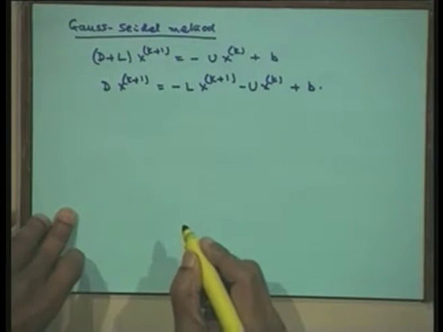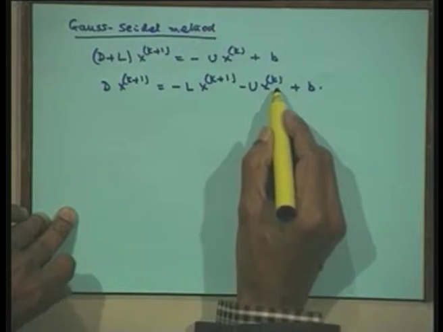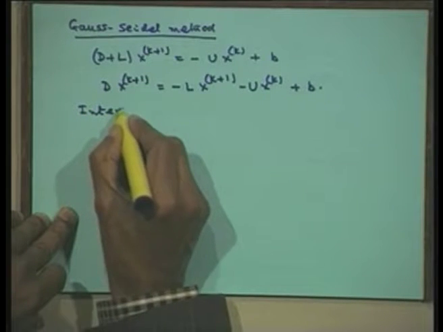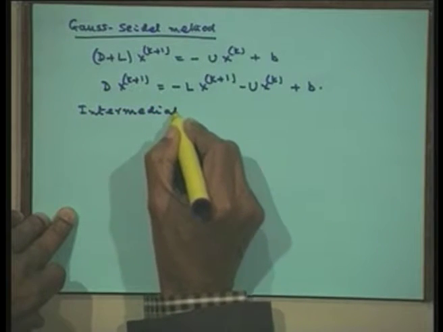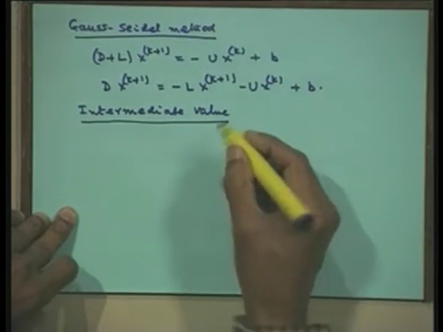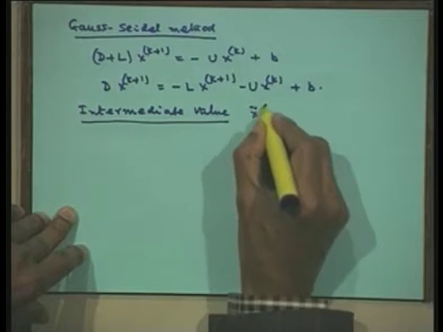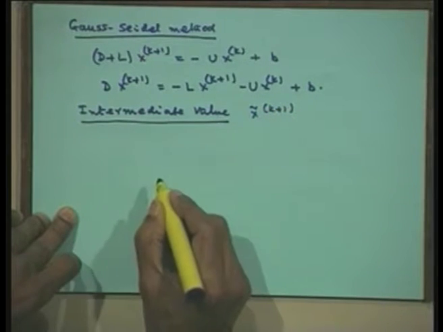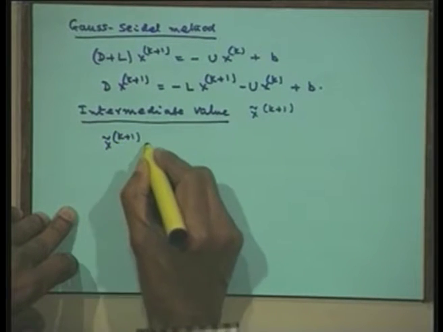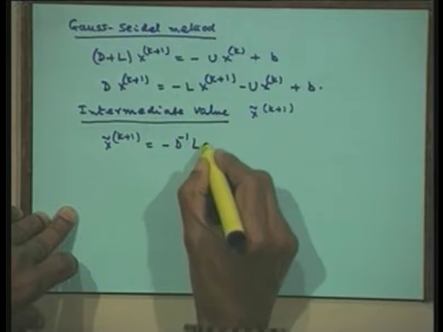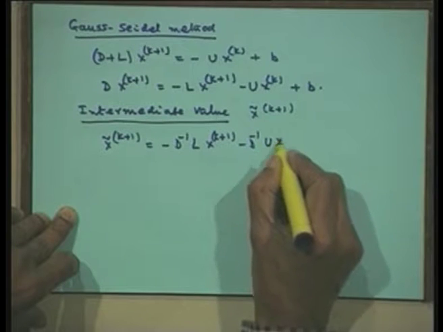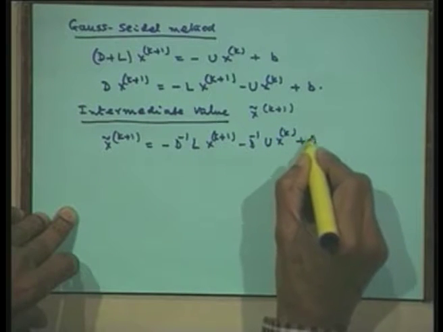The solution of this system we shall call an intermediate value, with a new notation, x tilde (k+1). Therefore, x tilde (k+1) = -D inverse L x^(k+1) - D inverse U x^k + D inverse b.